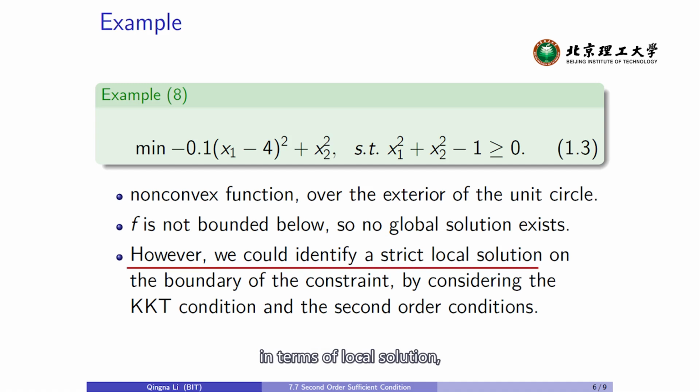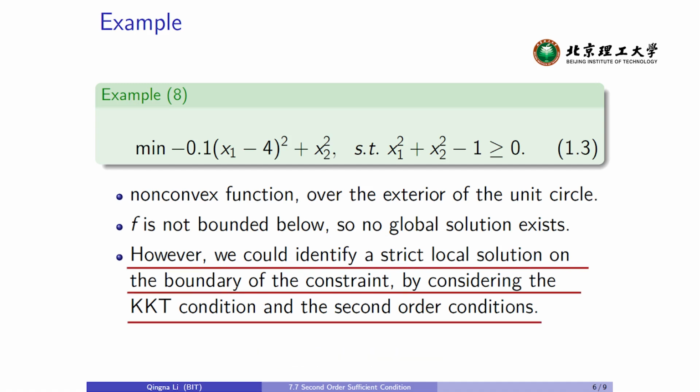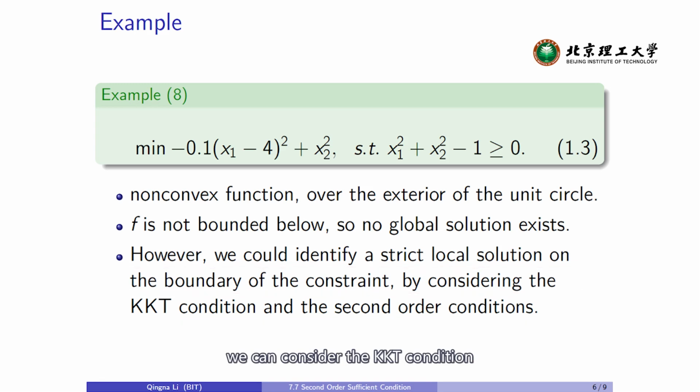However, in terms of local solutions, as we will show later, we can identify a strict local solution for this problem. To do this, we consider the KKT condition and the second-order sufficient condition. By these two theorems, we can find at least one strict local minimizer. Now let's show you the details.